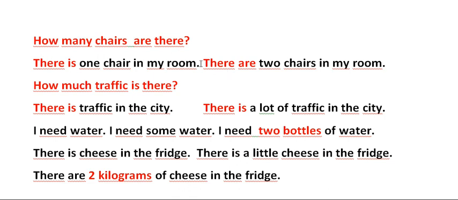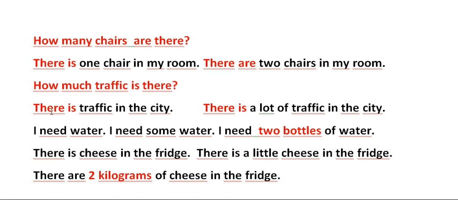We can use both is and are, depending on the quantity. But if we talk about uncountable, we use how much. How much traffic is there? How much water? So we use how much with the uncountable. We don't say how many traffic. That's wrong. How much traffic?